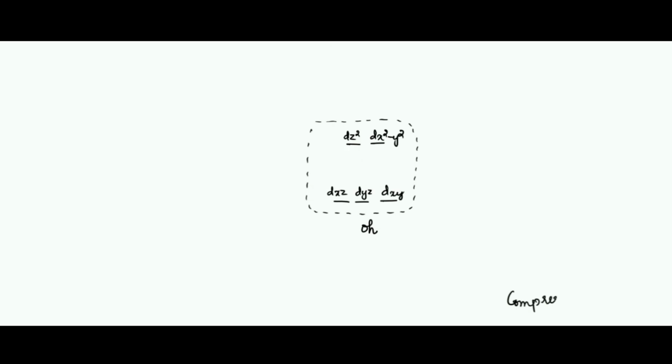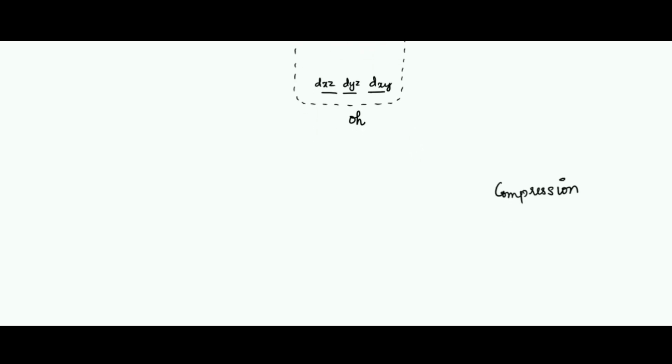What has happened in compression? When you compress the system, Z in, or Z in, both are the same. When Z is in, the ligand along the Z axis comes closer to the metal. So the energy of the Z components increases, because the ligand is coming closer to the metal.